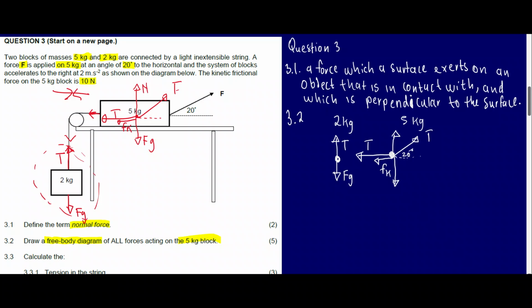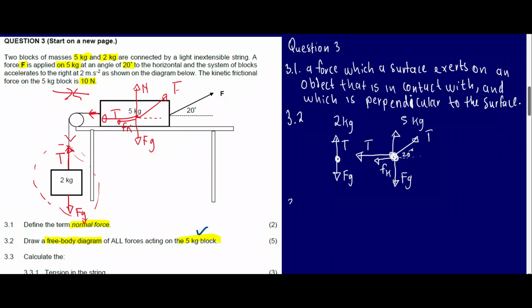The force is applied at an angle of 20 degrees. We also have the gravitational force going exactly down. That's how we would draw the free body diagram of the 5 kg block.